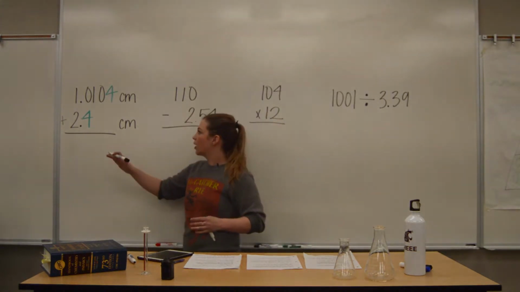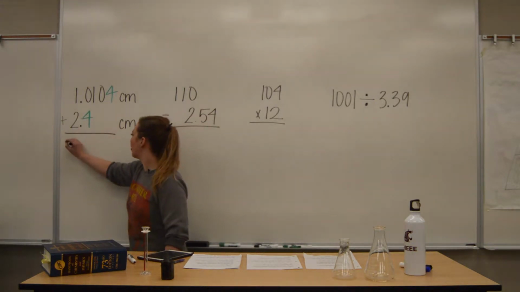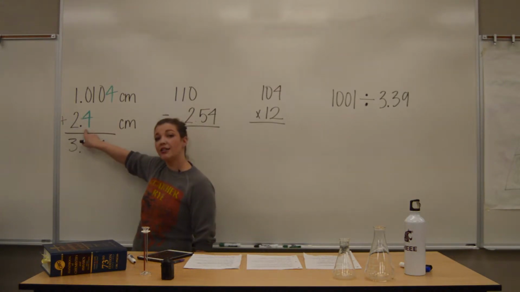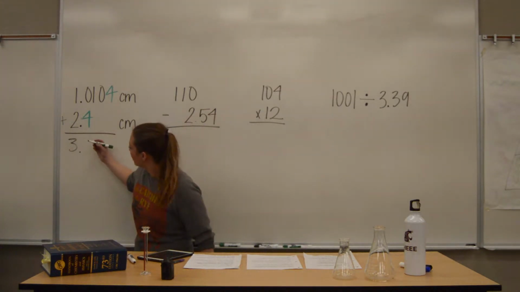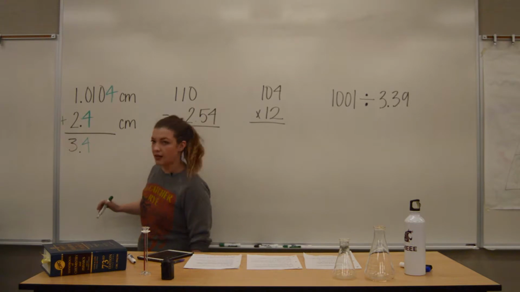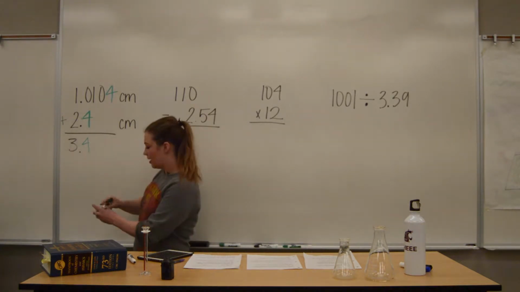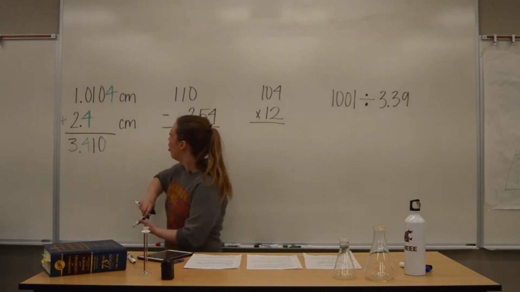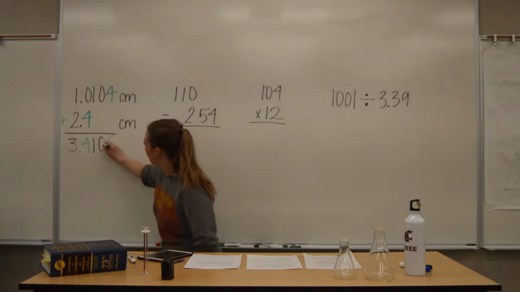So let's see how this works. 1 plus 2, we got 3, I hope, right? Okay, 0 plus 4, and we have an uncertain 4, so we are going to get an uncertain number here in our answer, okay? Then 1 plus nothing is 1, 0 plus nothing is 0, 4 plus nothing is 4.